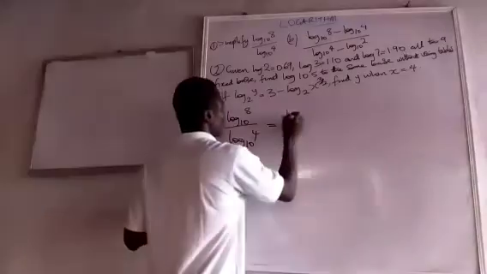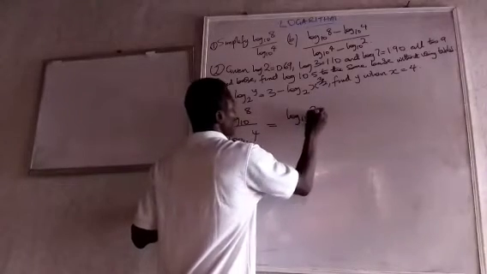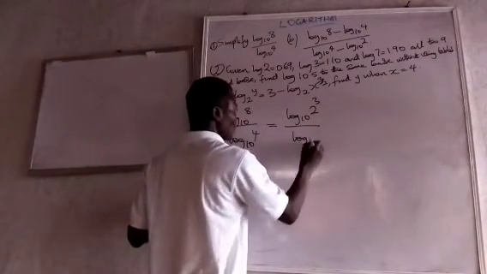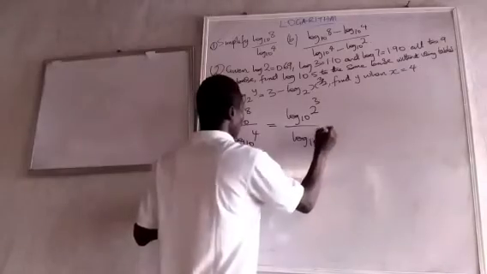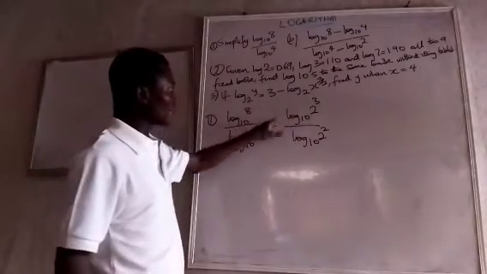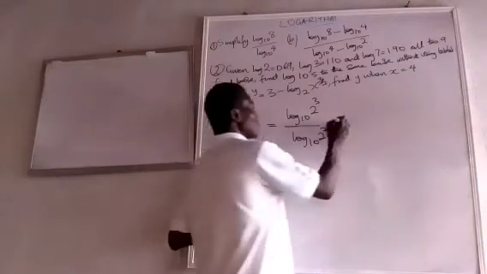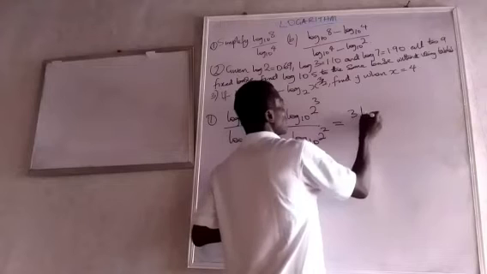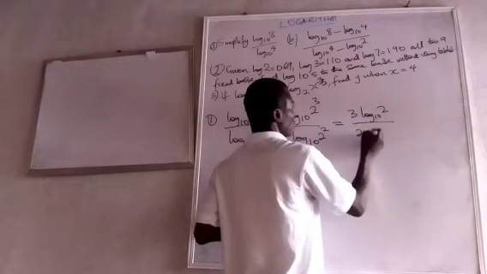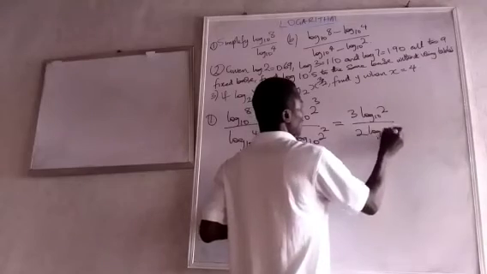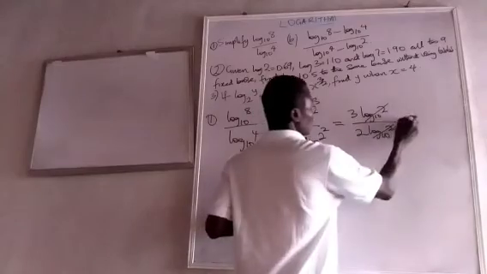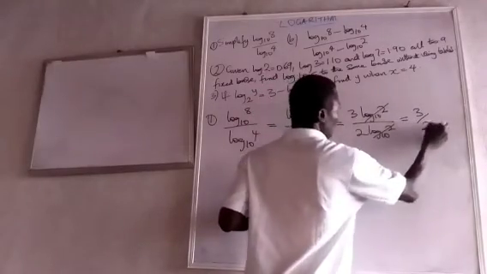So let's make it log 10 of 2 raised to the power 3, that is 8, over log 10 of 2 raised to the power 2. From what we treated the other time, these powers can come to the front like this, and this is going to give us 3 log 10 2 divided by 2 log 10 2. We cancel this, so we have 3 over 2.